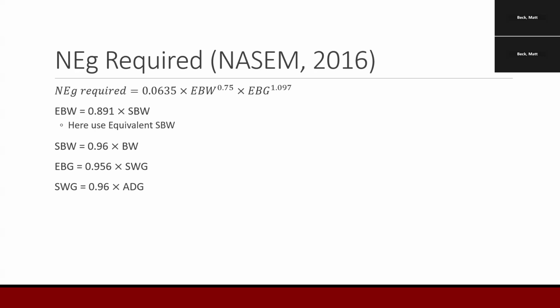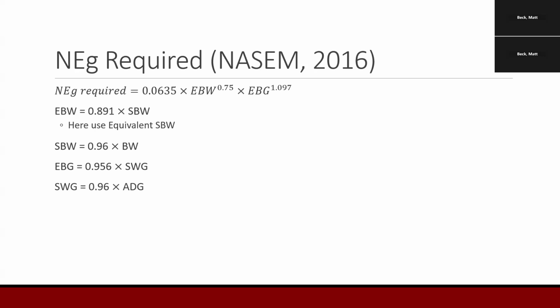Make sense? There's a difference between live weight and pay weight. We take that live weight, commonly multiply by 0.96, and that'll be our pay weight or shrunk weight. Make sense? Okay, good question.